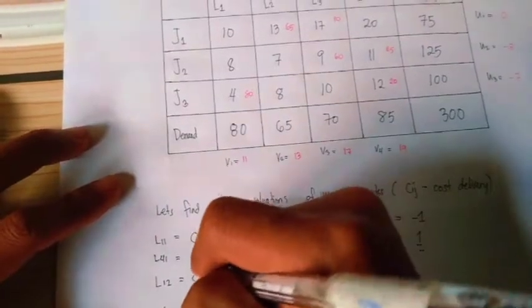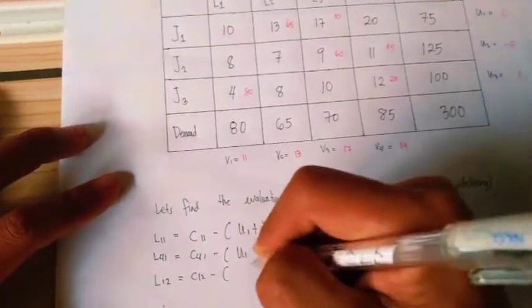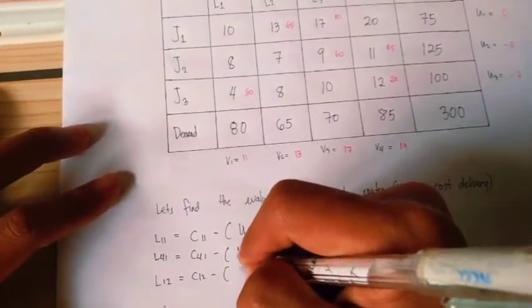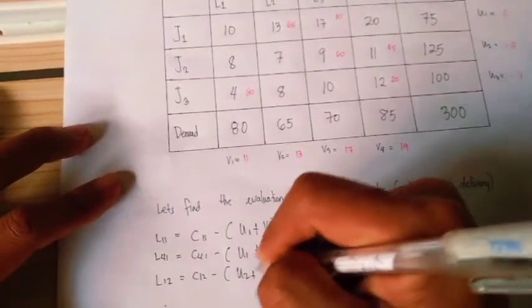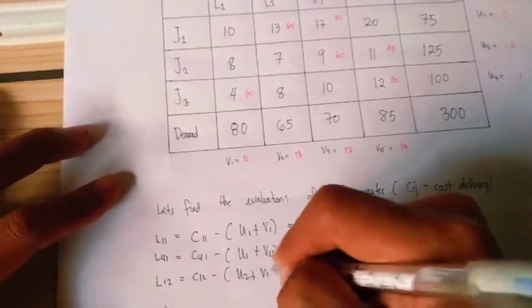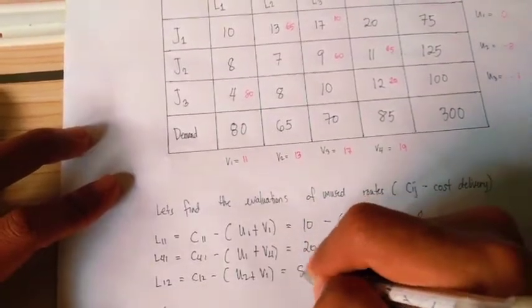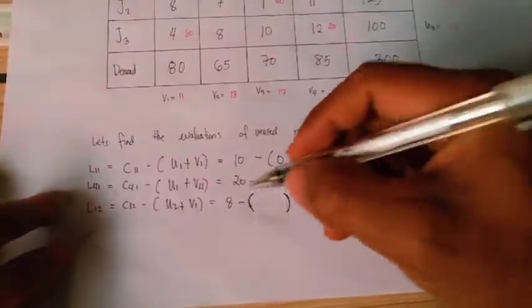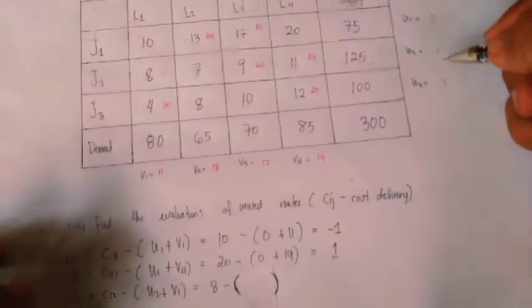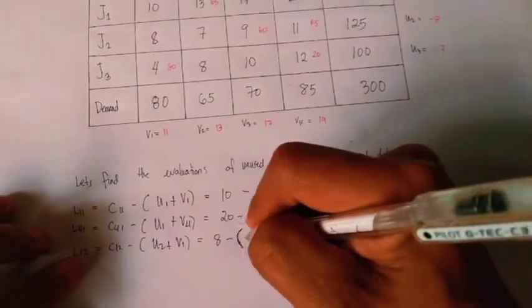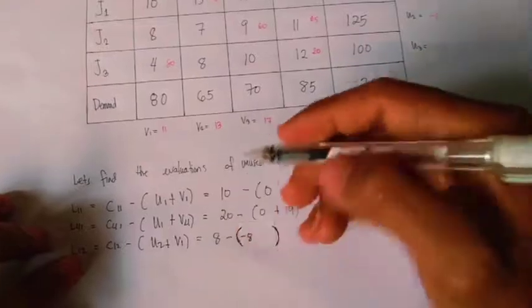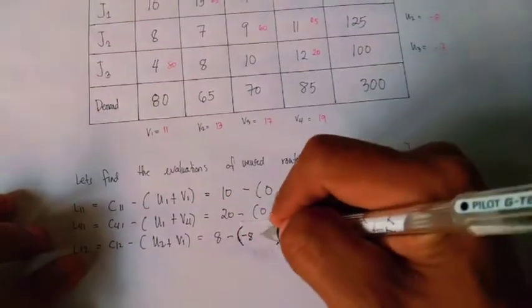So C21 minus U2 plus V1: U2 is negative 8 and V1 is 11.